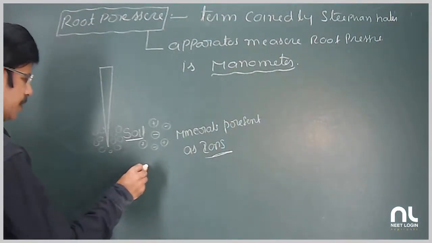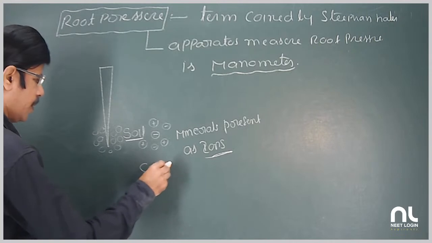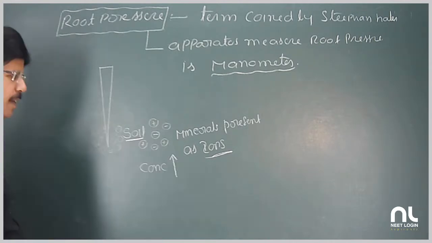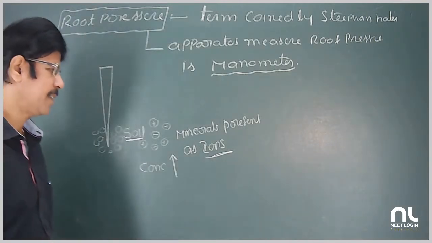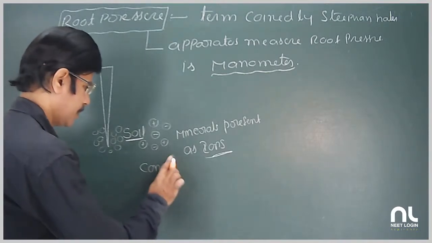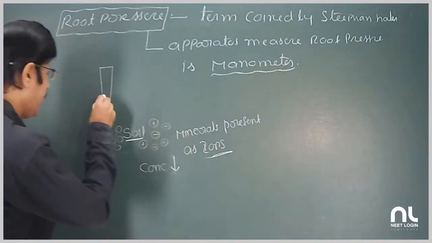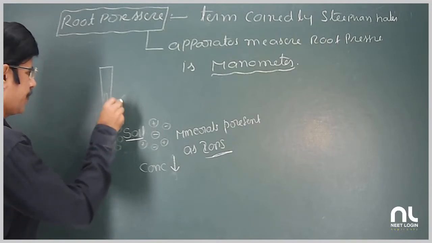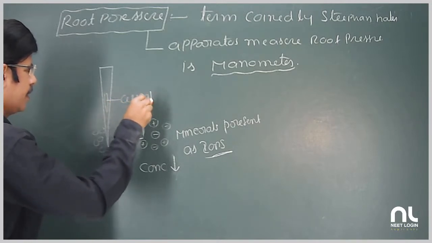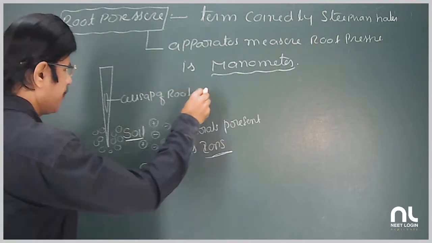So the mineral concentration in soil is low when compared to the cell sap of the root.